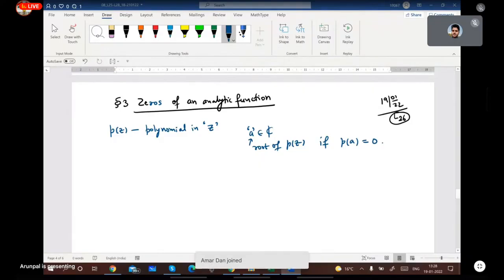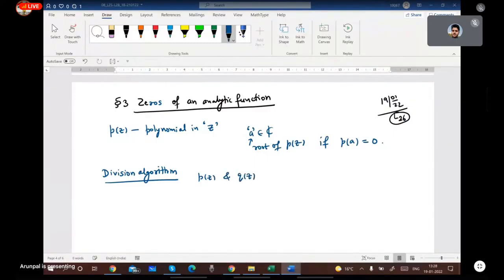Secondly, class, all of you know the division algorithm from algebra. Suppose you have two polynomials p(z) and q(z).